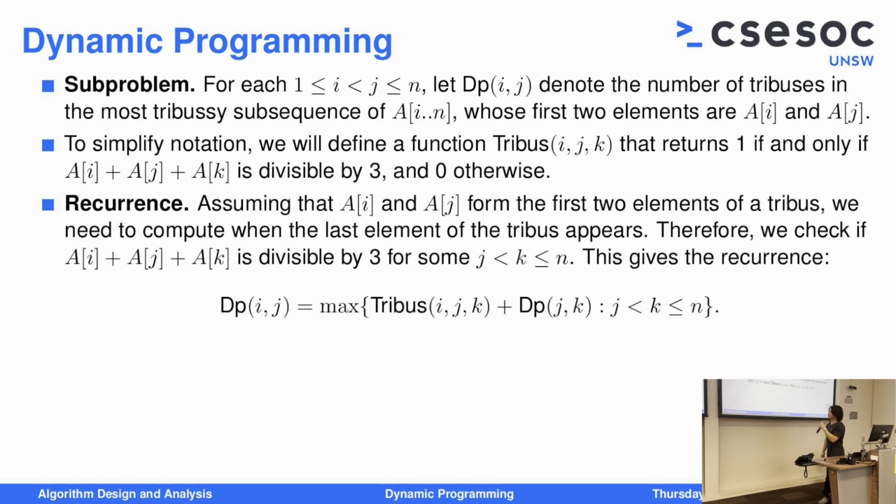And this gives the recurrence that dp of ij is equal to the maximum over k between j and n of tribus(i,j,k) plus dp of jk. And remember, this tribus just returns 1 if ijk forms a tribus, 0 if not.